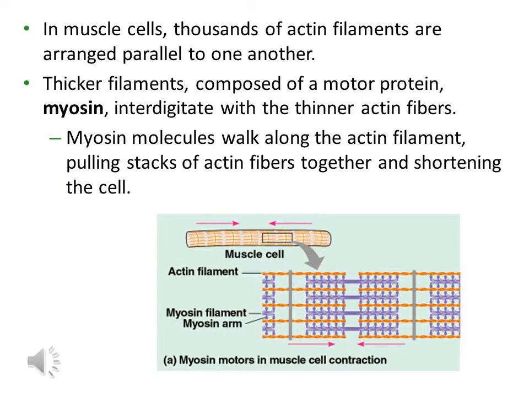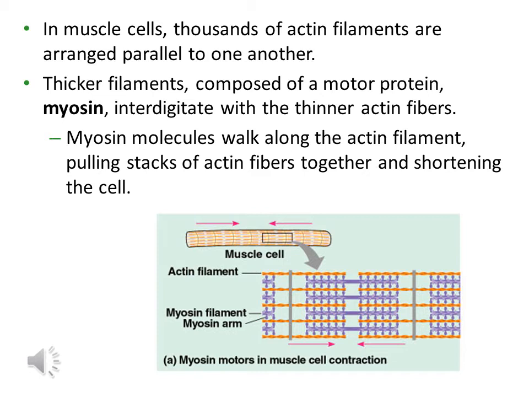During muscle contraction, you may be familiar with the actin myosin involved in the muscle contraction. So in muscle cells, thousands of actin filaments are arranged in parallel to one another, and you can see the thicker filament, which is composed of the motor protein myosin.